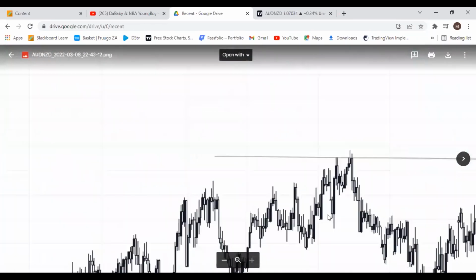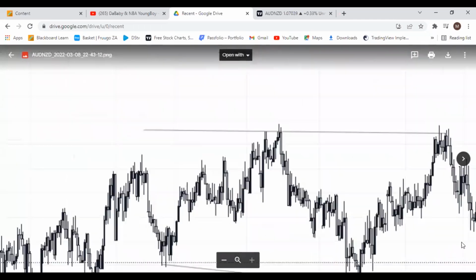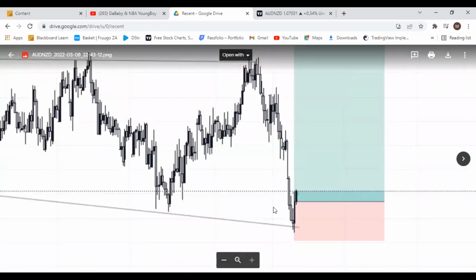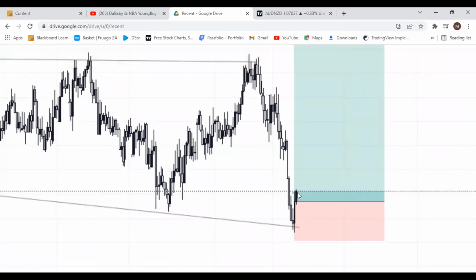This was the 3 hour time frame. You can see that I entered right after the first bullish candlestick to the upside closed in the 3 hour time frame.